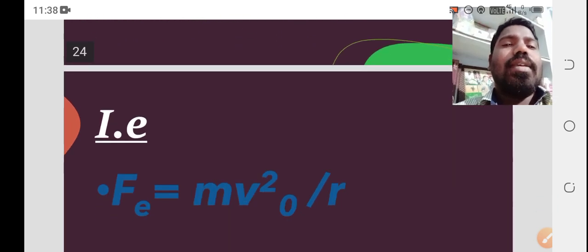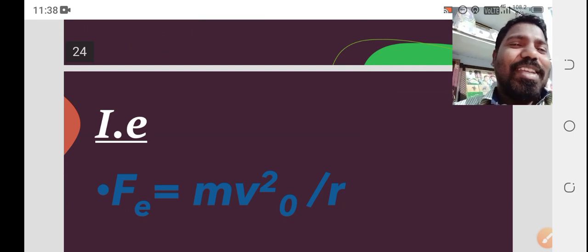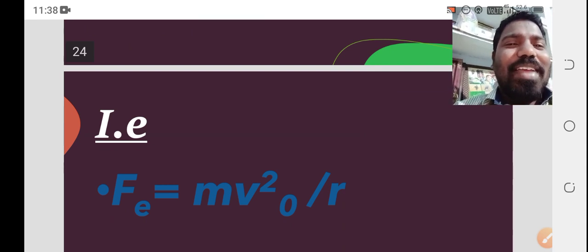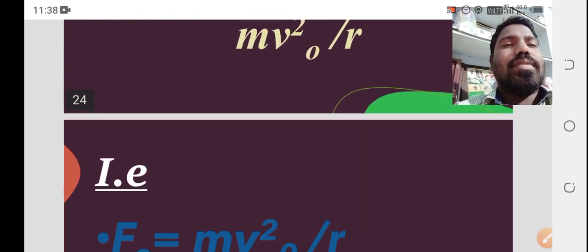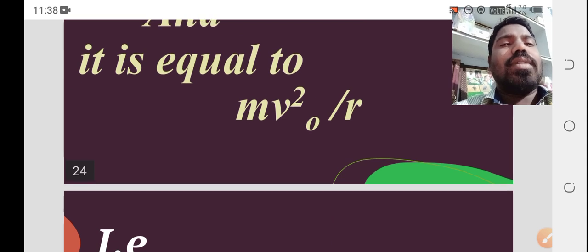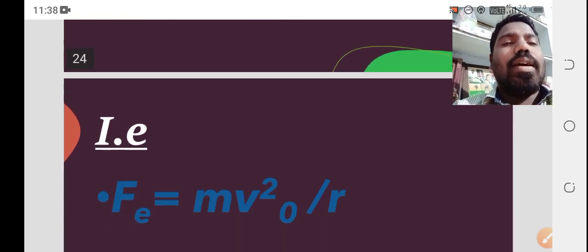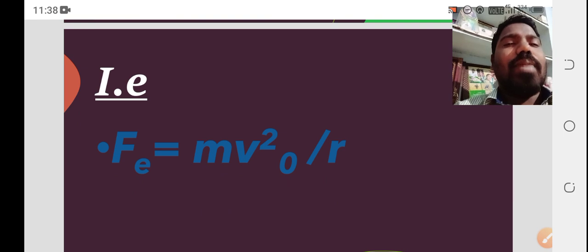That means Fe, the electrostatic force, which is defined in terms of the centripetal force, is m v naught square by r. Sorry, here I think I mentioned it by 2. m v naught square by r.